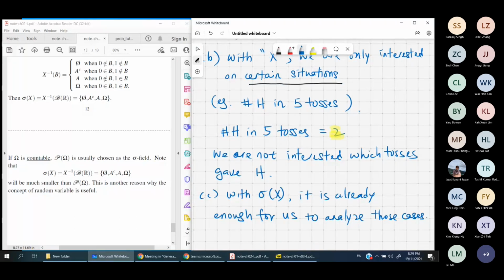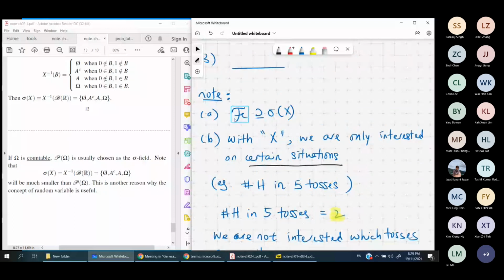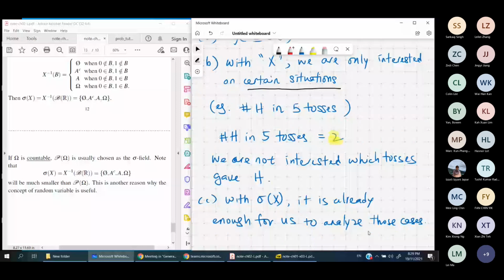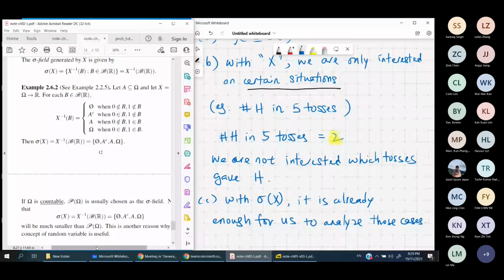So we don't have to look at the bigger sigma field. We just look at a smaller one. We have fewer events that we need to look at, and that is already enough for us to analyze the data. That's the reason why we look at the sigma field generated by a random variable. Later on we're going to look at it further.